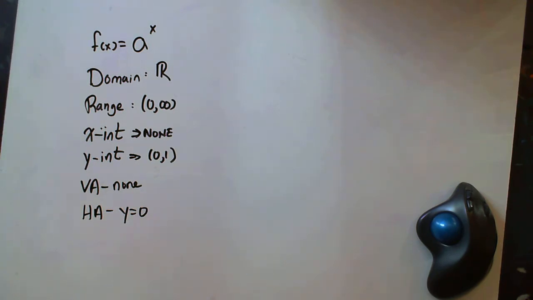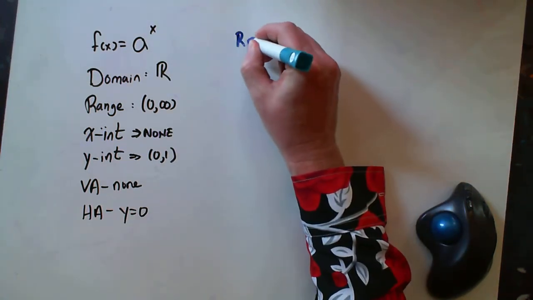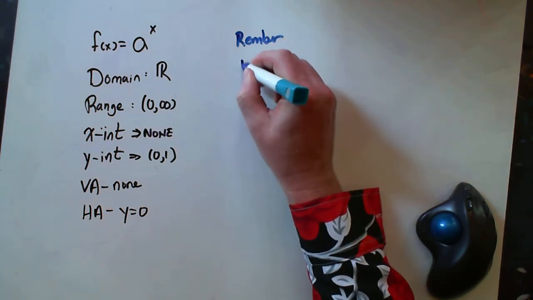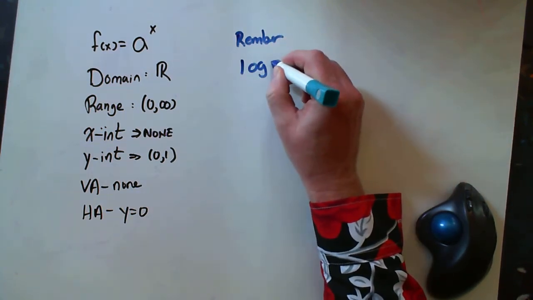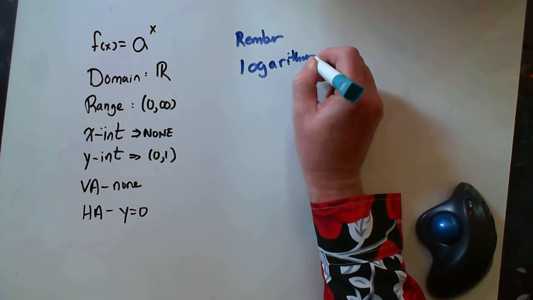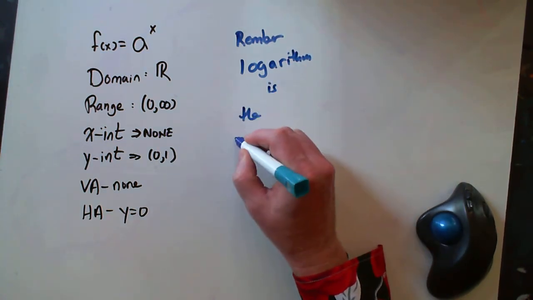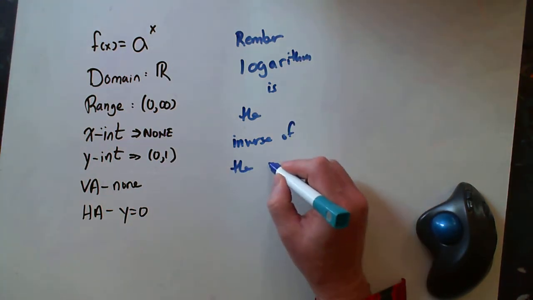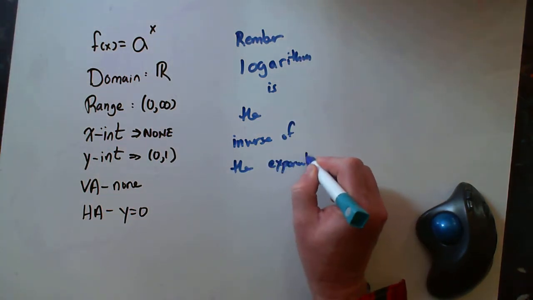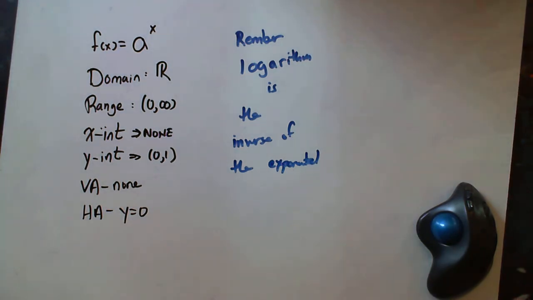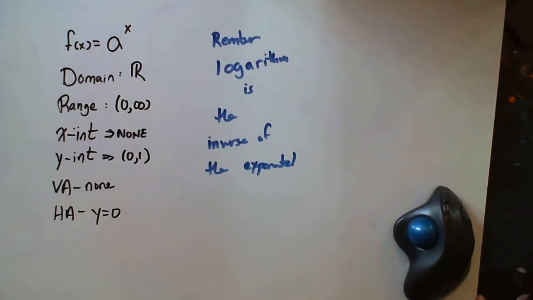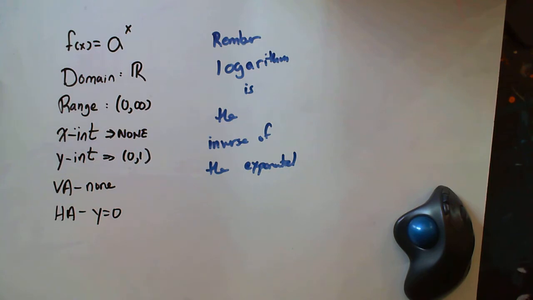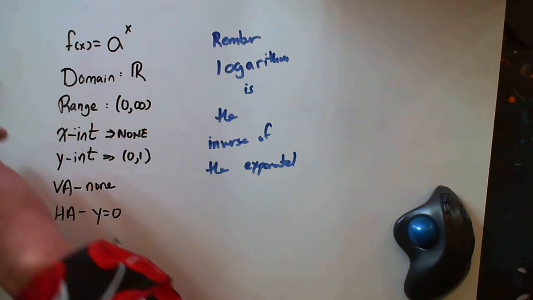One of the keys is to remember to think of the logarithm as the inverse of the exponential function. So remember, logarithm is the inverse of the exponential. If we think about it like that, that tells us some information about logarithmic functions right off the bat.